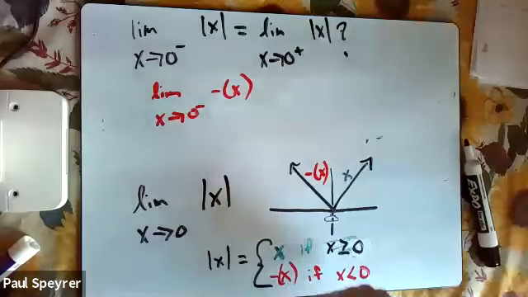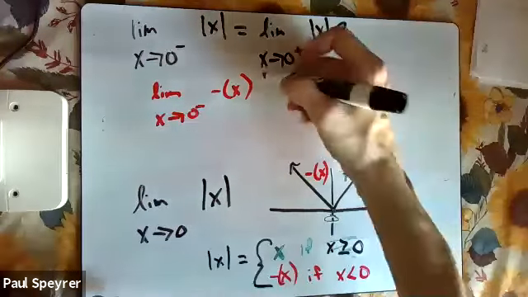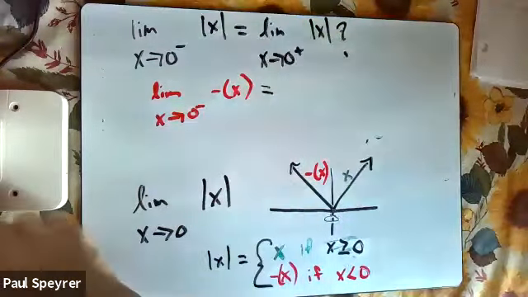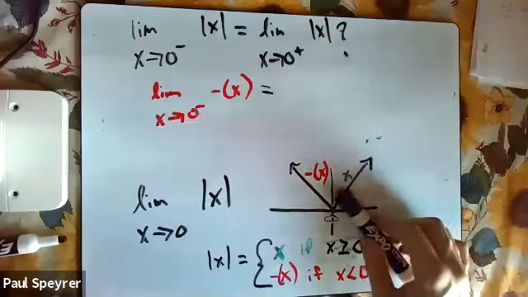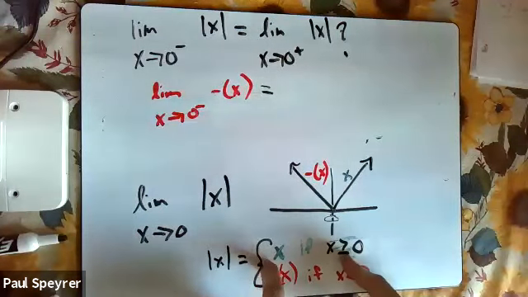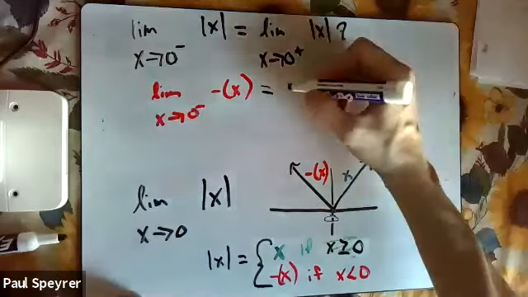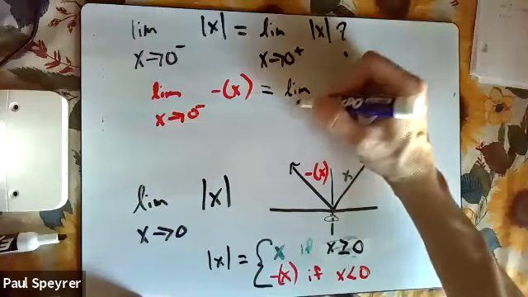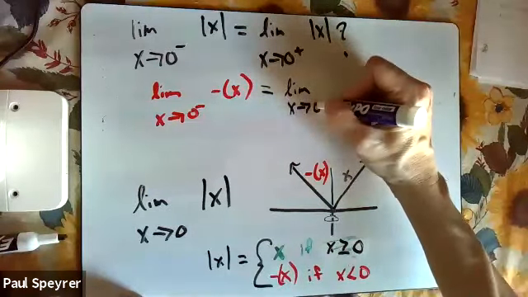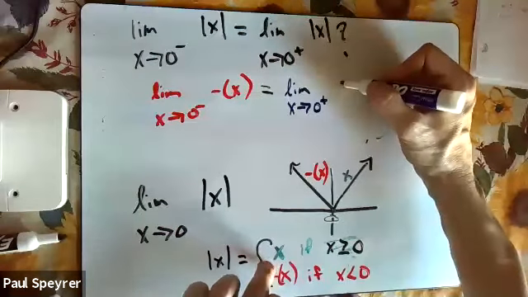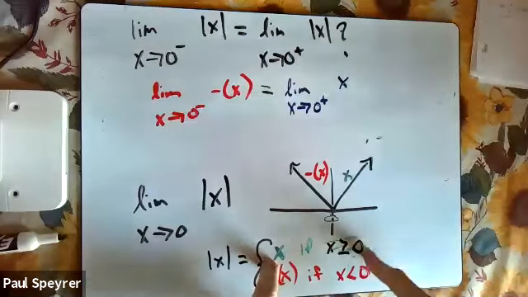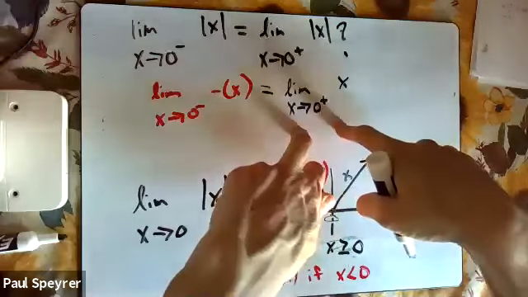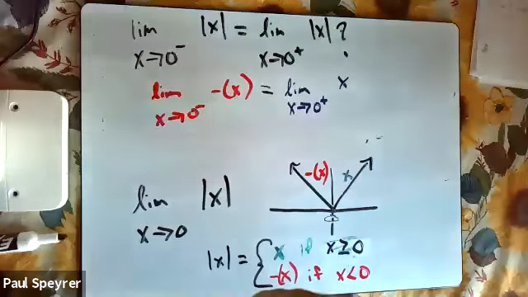And then the right one, or to the right of 0, correct? We're going to be using the positive function. So the limit as x approaches 0 from the right of just x. So again, I'm just using what we obtained from the piecewise function to work this out.